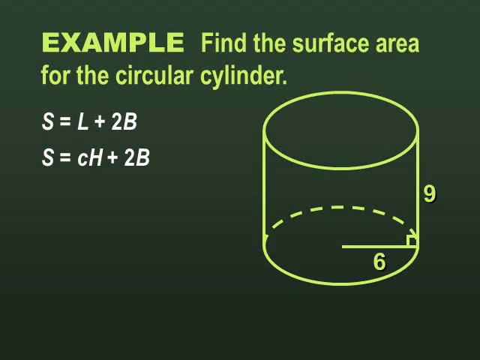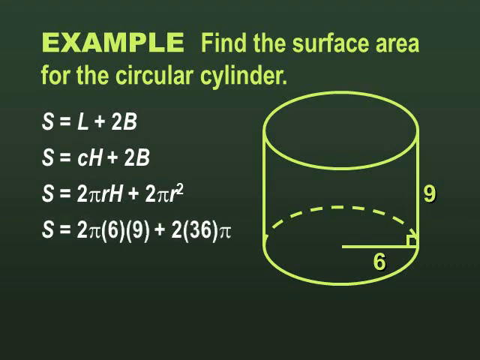So I'm going to go ahead and replace the lateral surface area formula with circumference times height. And I know circumference is 2 pi r, and height is still going to be h. And I know that the bases are circles, and to find the area of a circle is pi r squared, and I have 2 of those. So now I'm just going to start plugging in some numbers.